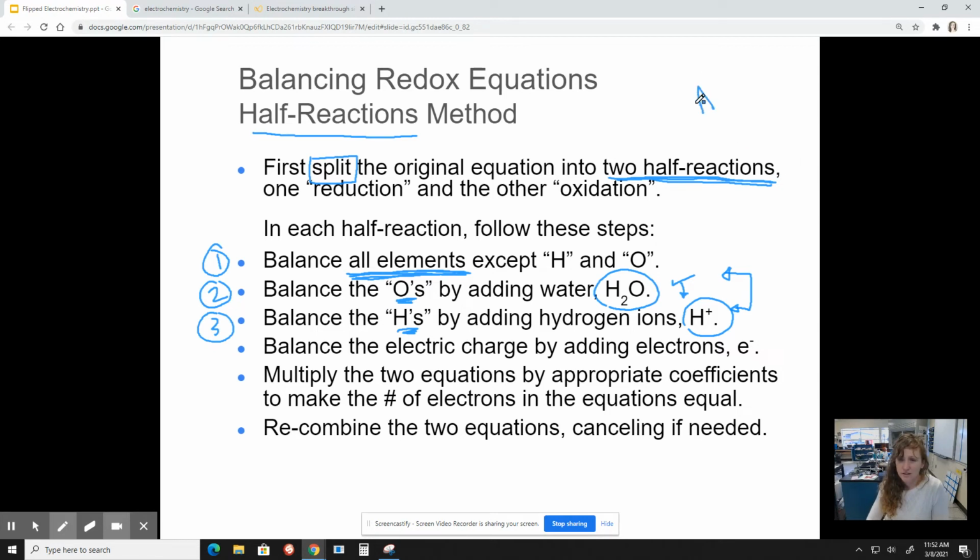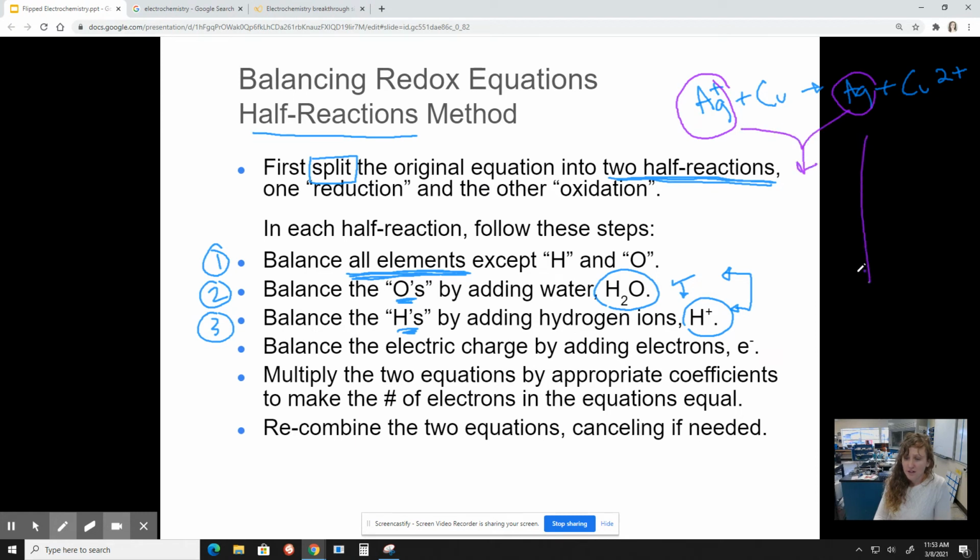So in the example that we've been looking at with copper and silver, in order to split the two reactions, you would take everything silver and put that in your first half reaction.